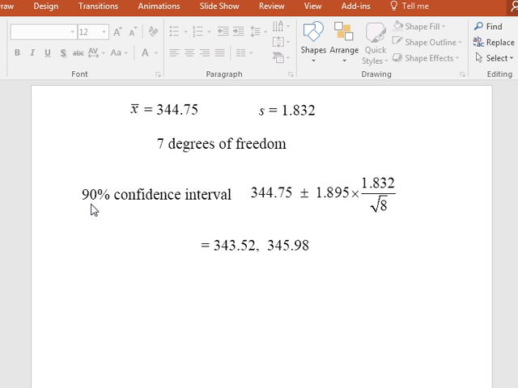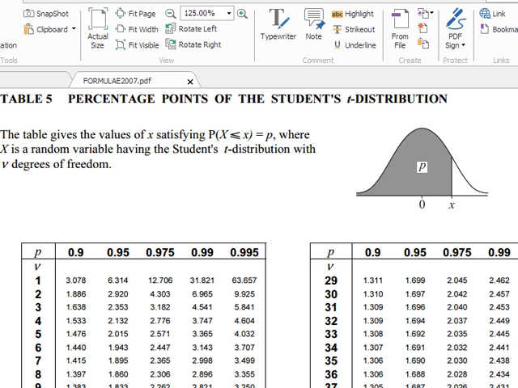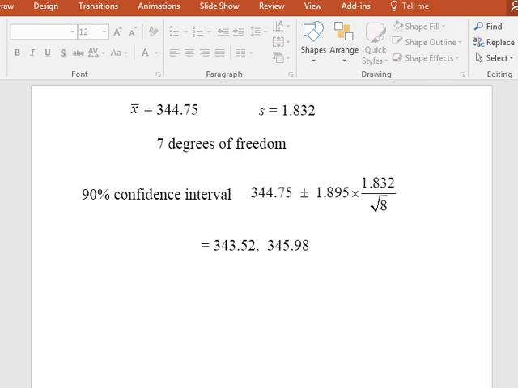Looking at p equal to 0.95 from the tables. Table 5, t distribution, p equals 0.95, degrees of freedom is 7, so t is 1.895. Confidence interval.